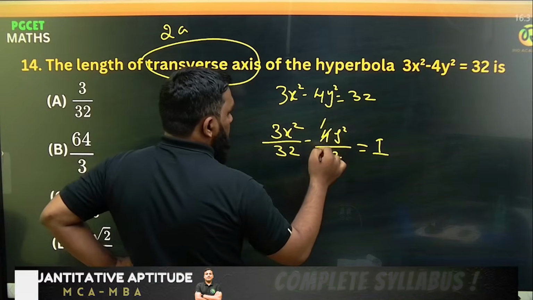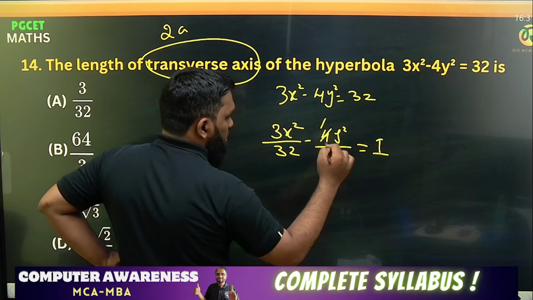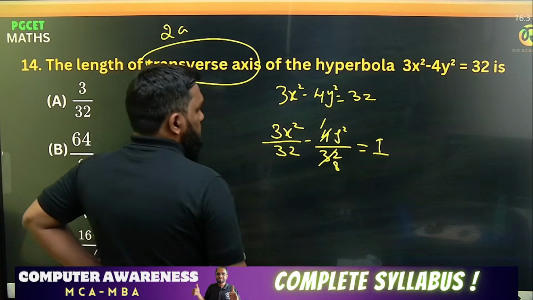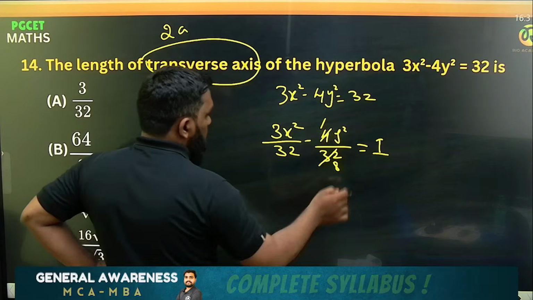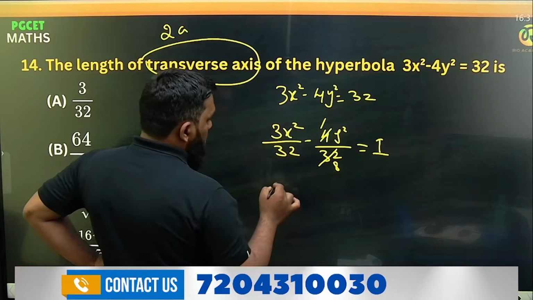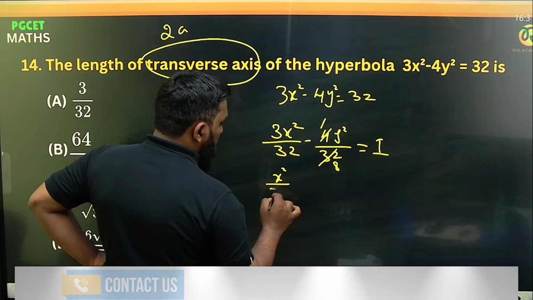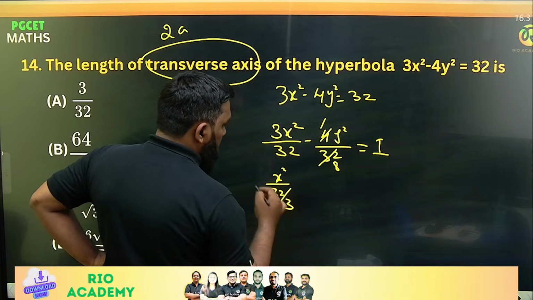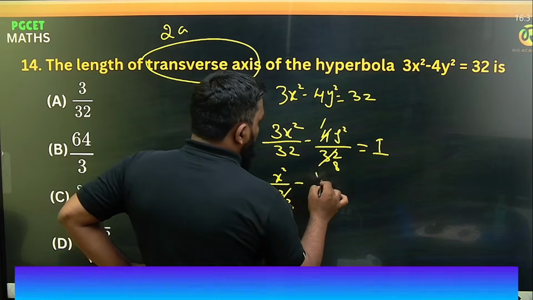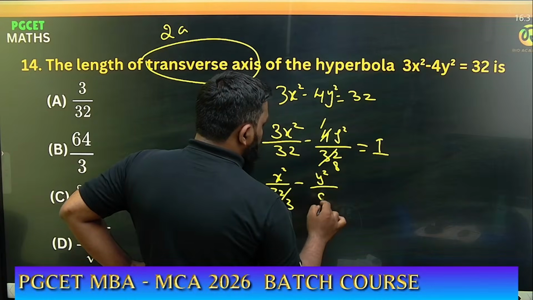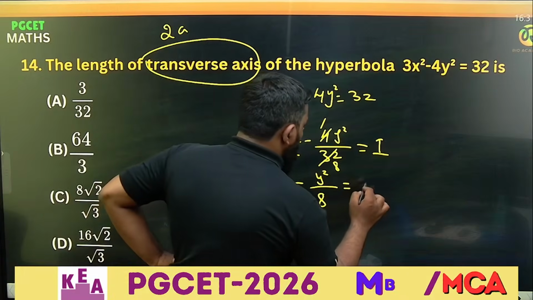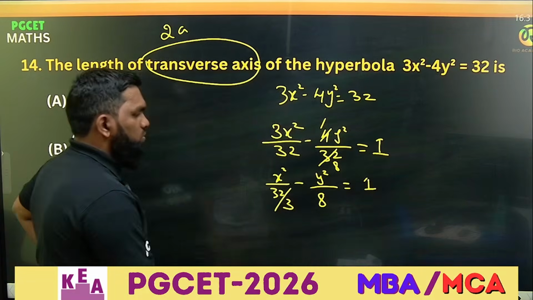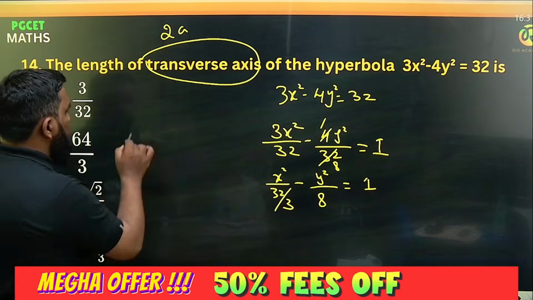Now we write x square over 32 by 3 minus y square over 8 equals 1.